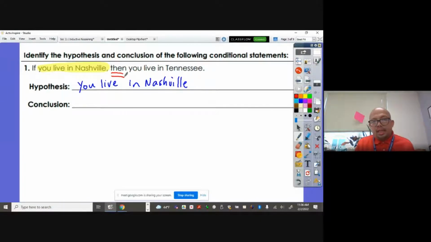Then marks the next portion, your conclusion: you live in Tennessee. Very good, that's how you identify the hypothesis and conclusion.